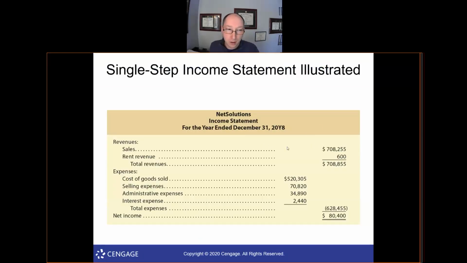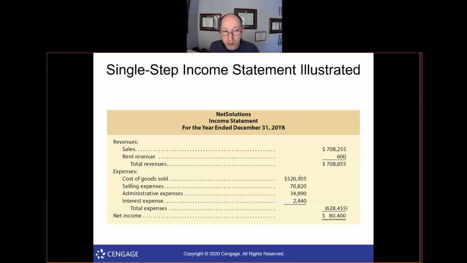Sales plus other revenue equals total revenue. All of your expenses added up equals total expenses. Total revenue minus total expenses equals net income. That's single step, because we totally skipped over cost of goods sold as being its own item, right?